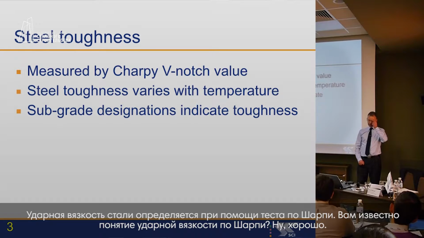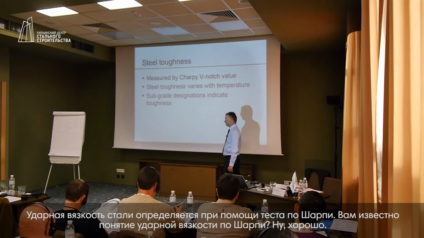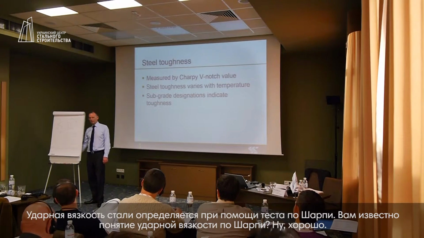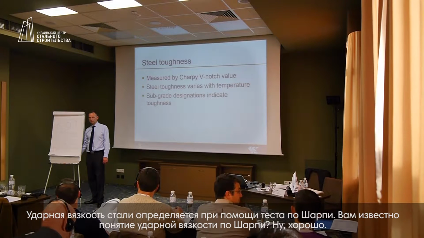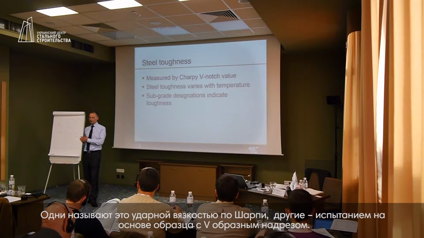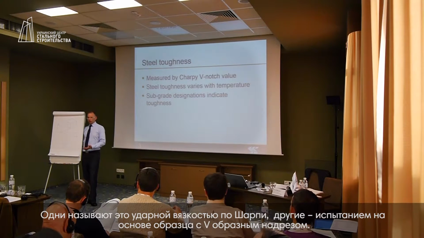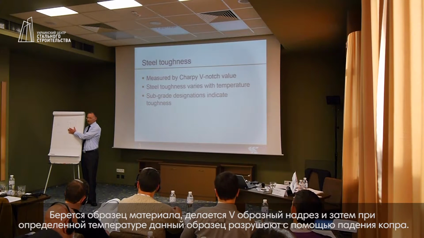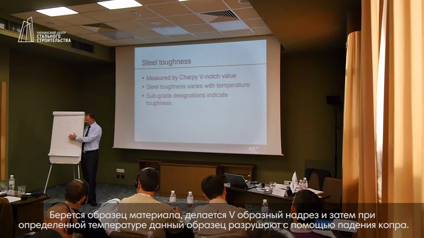The toughness of the steel is measured by the Charpy value. Are people in the audience familiar with the term Charpy value? Yes, okay. Some people call it the Charpy value, some people call it the Charpy V-notch test. You take a sample of material, you machine a V-shaped notch into it, and at a given temperature, you allow a pendulum to swing into the sample and break the sample.